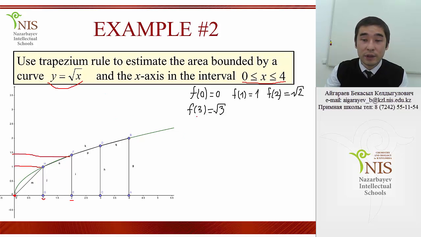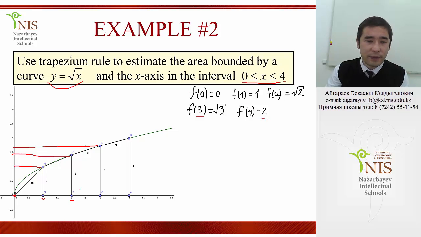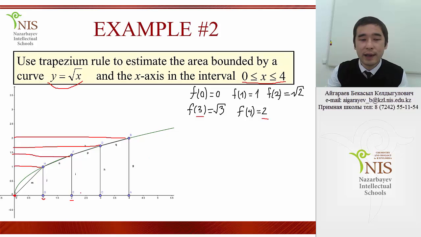And if you put 3 instead of x, you get square root of 3. That's pretty much right here, which is more than 1.5 but less than 2. That's square root of 3, of course. But if you put 4 here, it will be square root of 4. That gives you 2. And the point right here, 4, and you get exactly 2, of course.